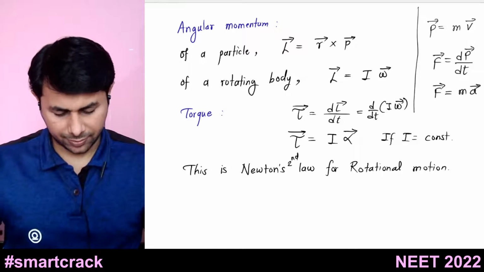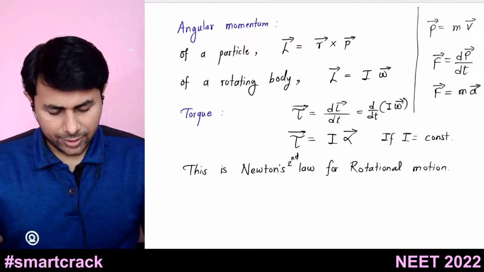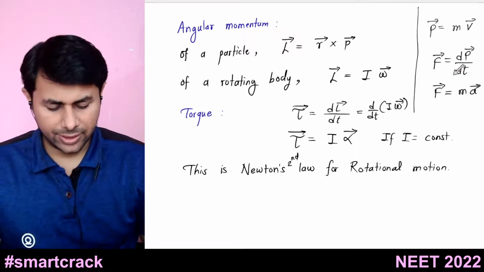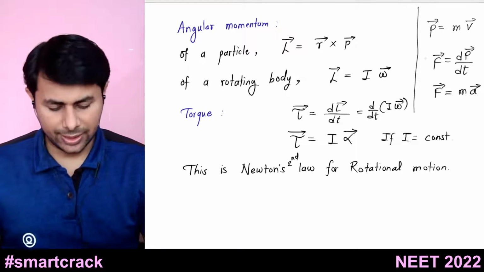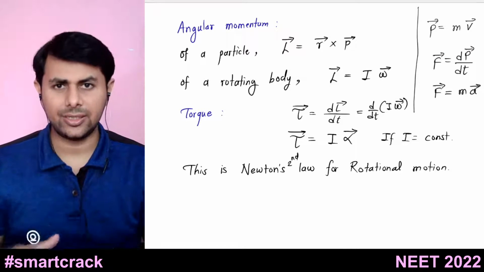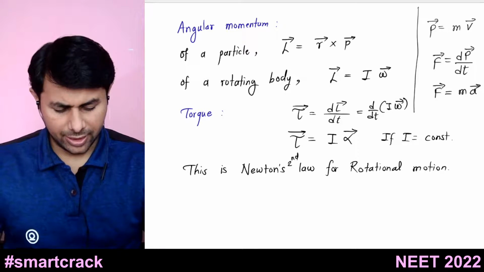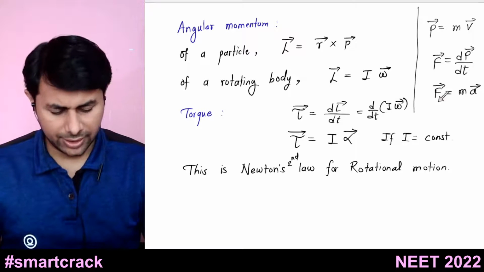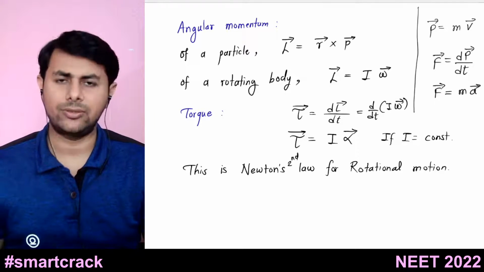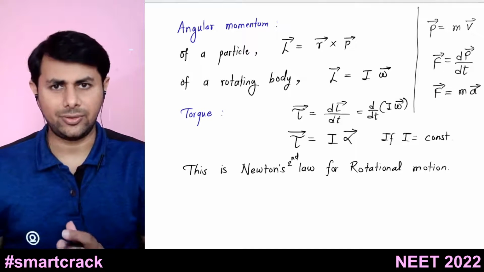All right. After that, just like we have Newton's second law in linear motion, F is equal to what? dp by dt, the rate of change of momentum with respect to time. And if mass remains constant, then you can write it as F is equal to m into a, mass into acceleration.